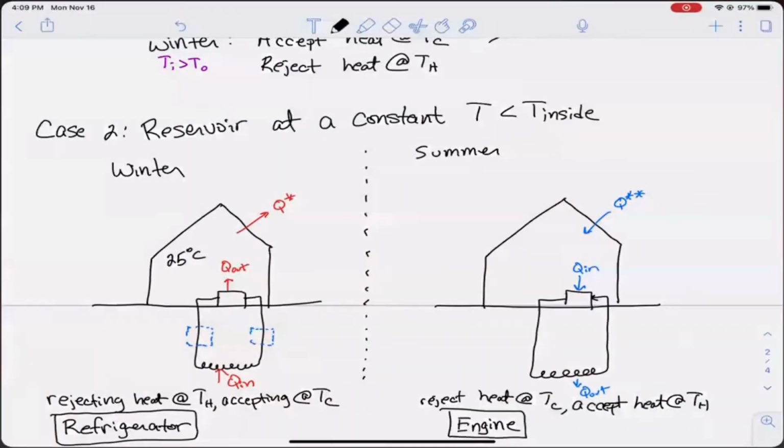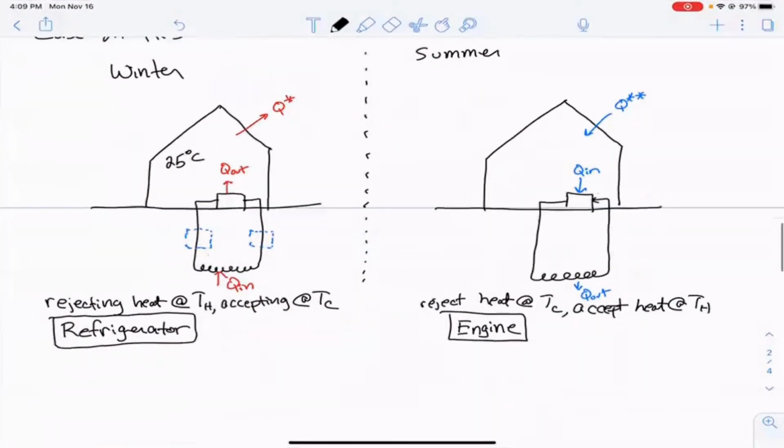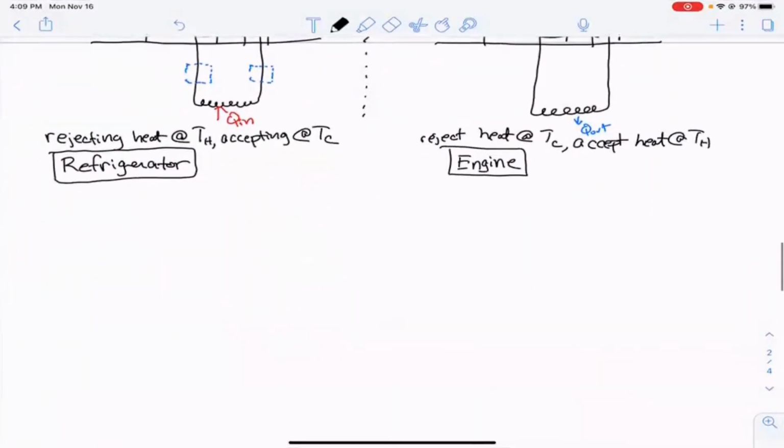And so if we go back to this problem, right, let's do this calculation again, right? So in the wintertime, because we know we're running a refrigeration cycle, well, we're going to think about this in terms of the coefficient of performance, which of course is the amount of heat that you can take in divided by the net amount of work, right?